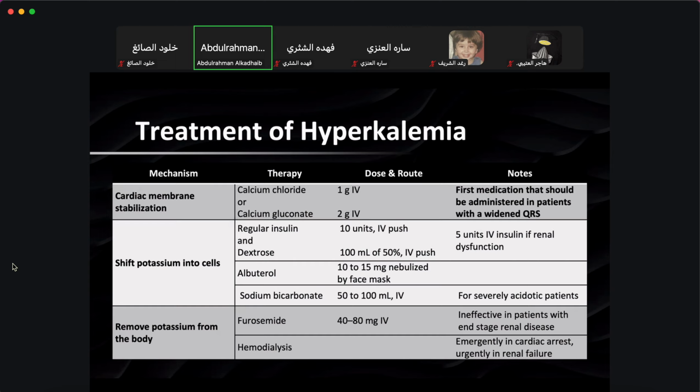And the reason why we use those medications, because calcium again helps with the inhibition of the overstimulation of the cardiac muscles caused by the high potassium level. So it's kind of the antagonist of the potassium on the cardiac muscle. It antagonizes the effect of potassium on the cardiac muscle.